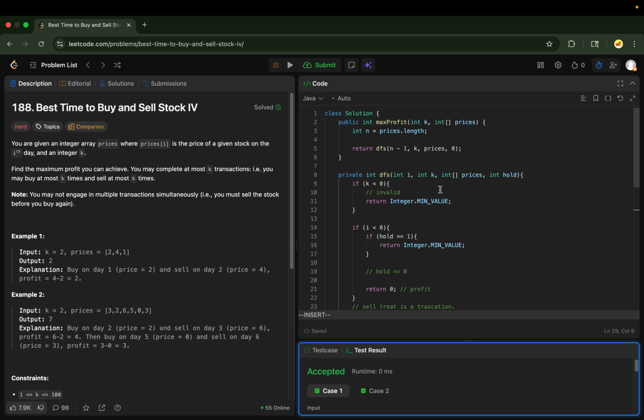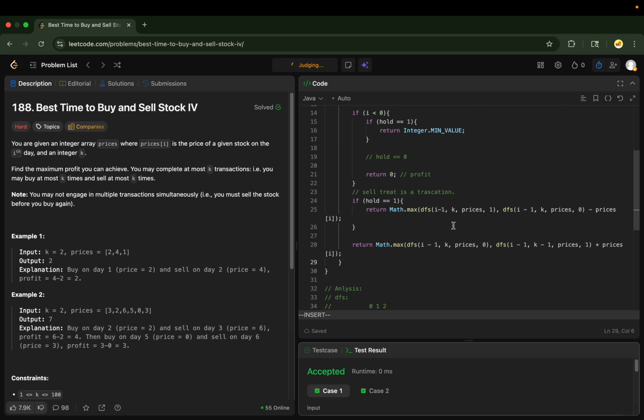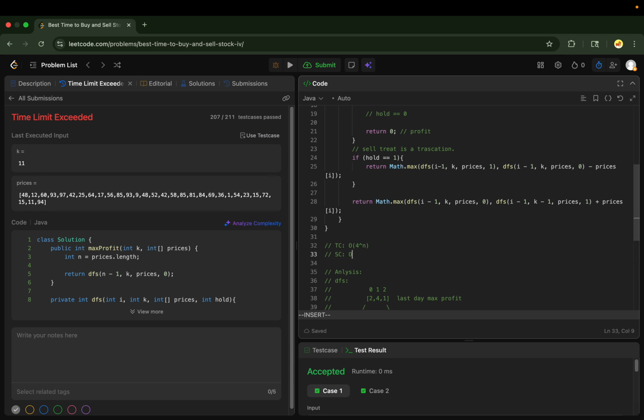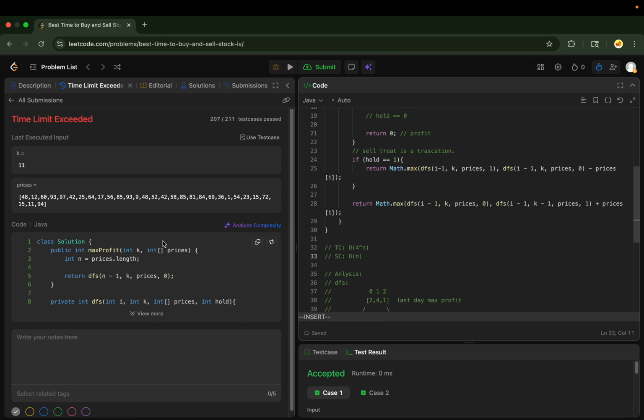You can see it works fine. But the time complexity might be very high. Yeah, so the time complexity will have this one, right? So it seems like a 4 branch. So we need to improve this one.